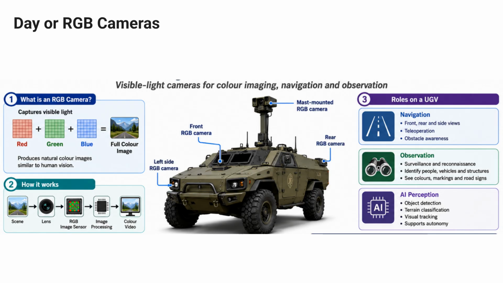Higher resolution RGB cameras may also be mounted on a mast for surveillance, reconnaissance, and target observation. In addition, RGB video can be processed by AI systems for object detection, terrain classification, and visual tracking. In simple terms, RGB cameras provide the color, detail, and visual context needed for daytime unmanned ground vehicle operation.